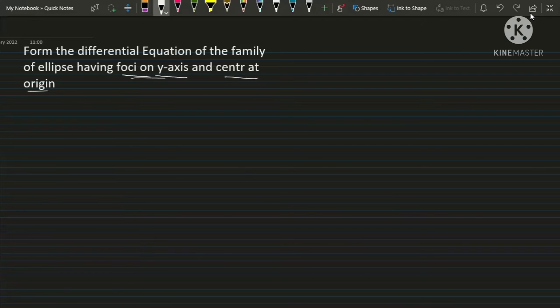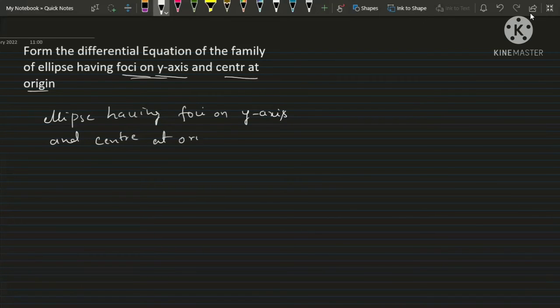Be careful, foci on y-axis, center at origin.